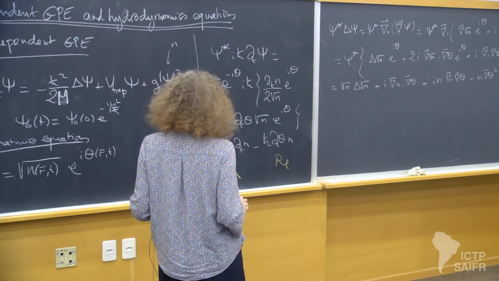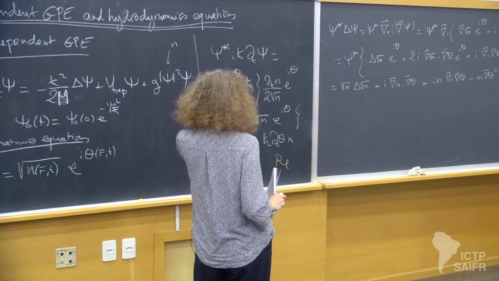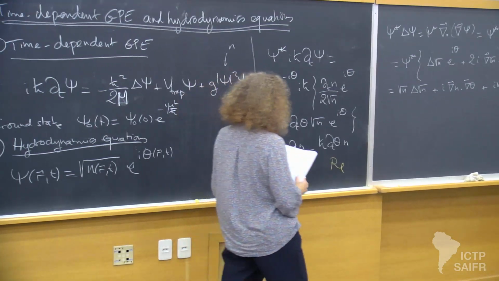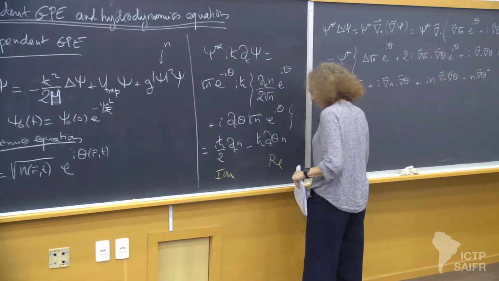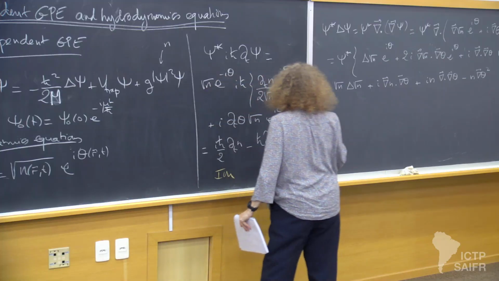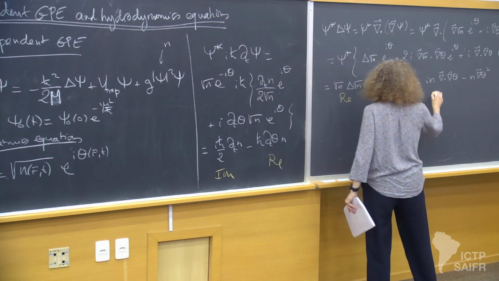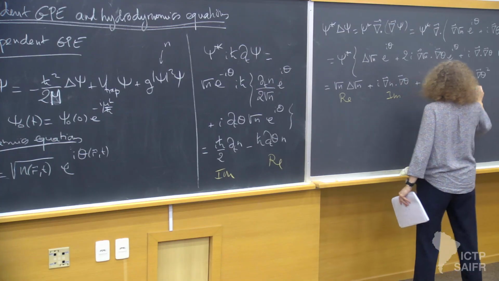And now what I will write is to identify the real part and the imaginary part. So this one is real. This one is imaginary. This one is imaginary. And this one is real.